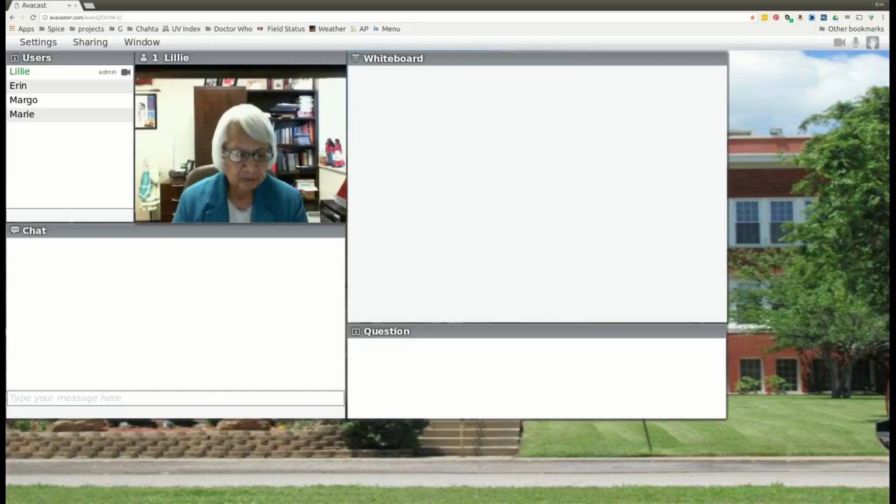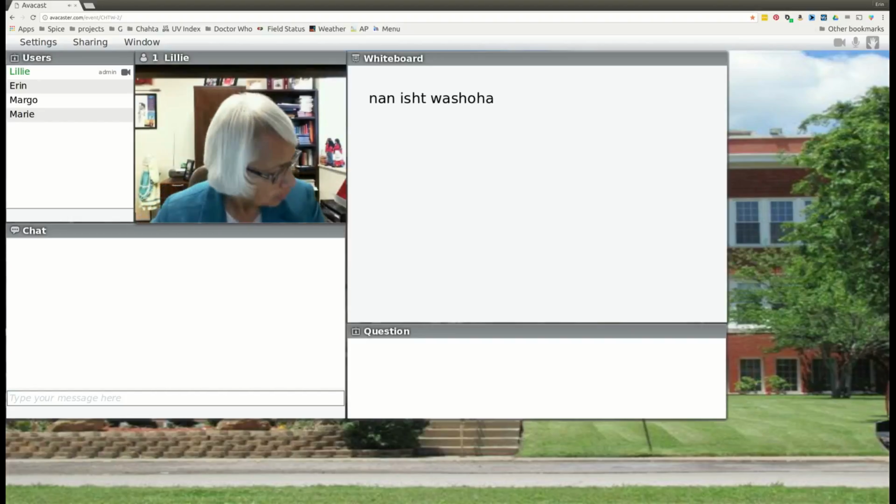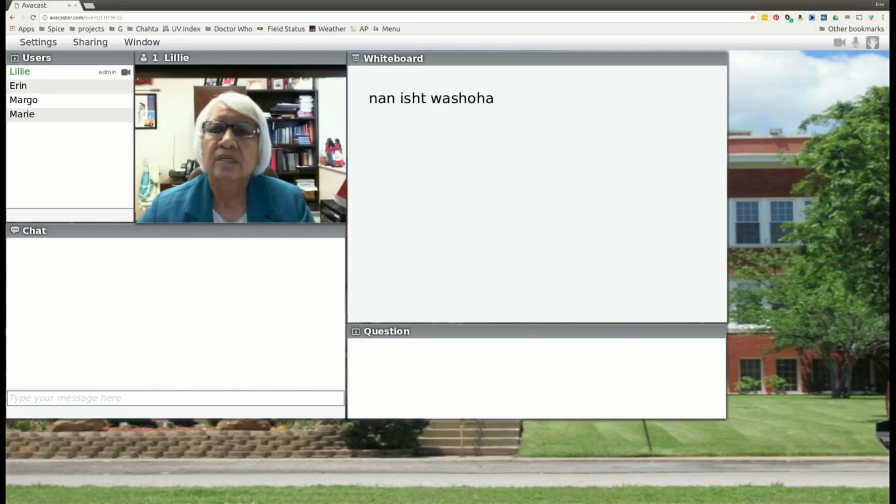Non often appears with isht to make words for tools or instruments. Giving literal translations, I'm going to give you an example.